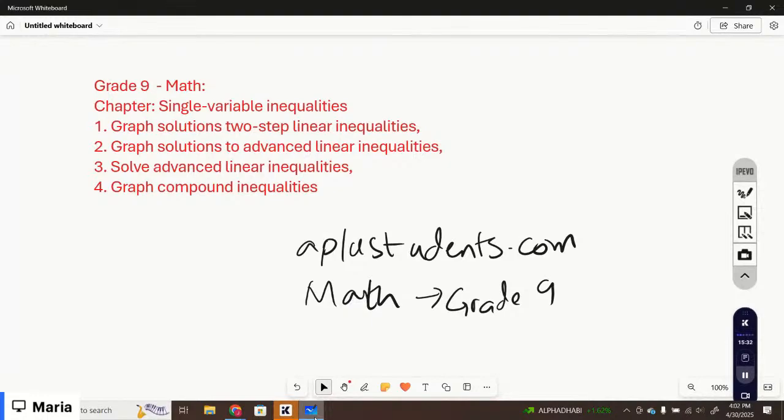The lessons we're going to cover today are graph solutions to one-step linear inequalities, graph solutions to advanced linear inequalities, solve advanced linear inequalities, and graph compound inequalities.